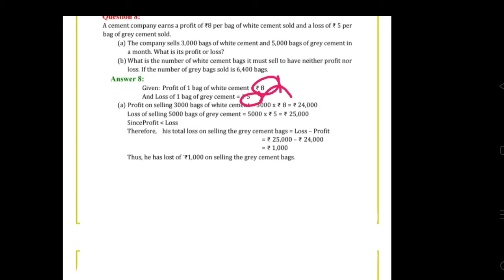So loss on which one? 5000 bags of grey cement, and profit on white cement bags. So 3000 × 8 is 24,000, and loss on 5000 bags at 5 rupees per bag becomes 25,000. The loss is highest: loss 25,000 and profit 24,000. So overall 1000 rupees is a loss.